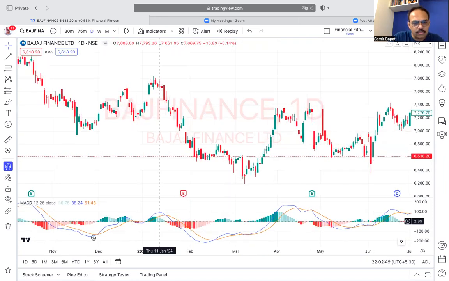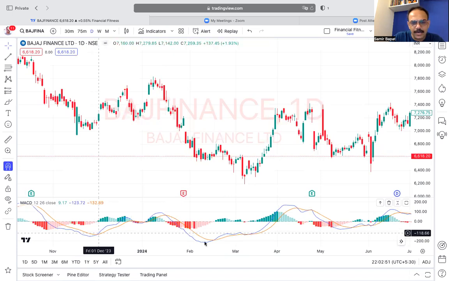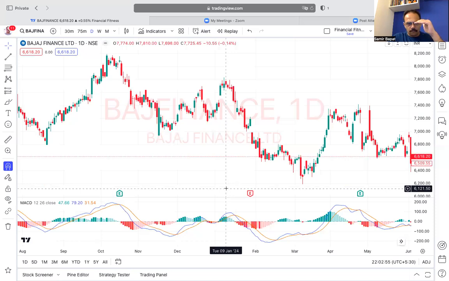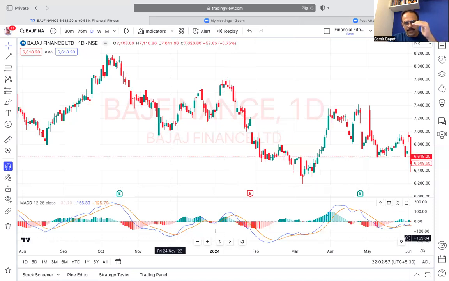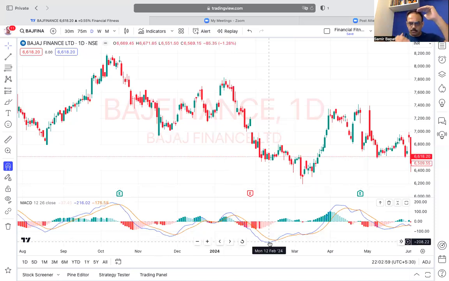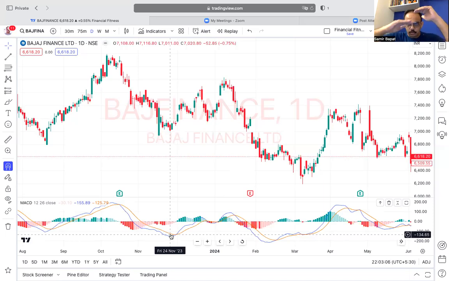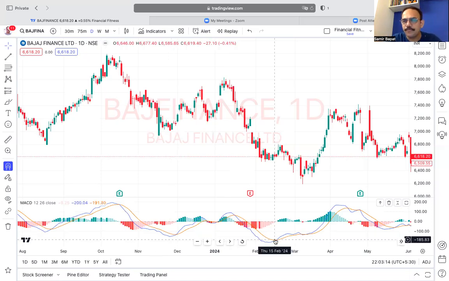See, this crossover happening here and this crossover happening here. Where is the blue line deeper, more below the zero line, in February 24 or November 23? Where is it more, in November or in February?